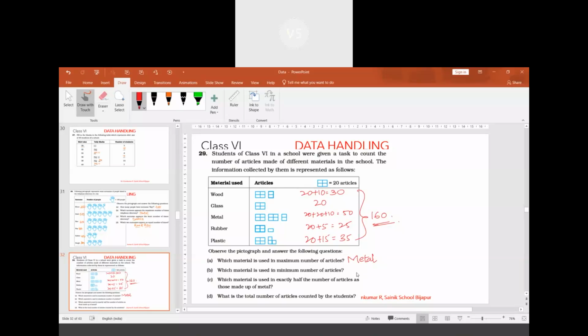Glass. Which material is used for exactly half the number of articles of those? Rubber. Total number of articles is 160.